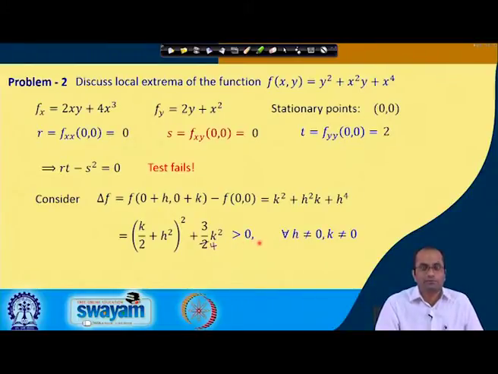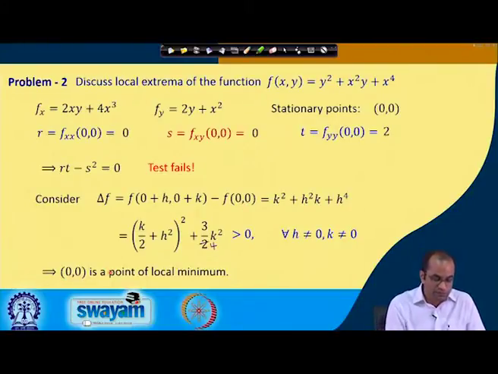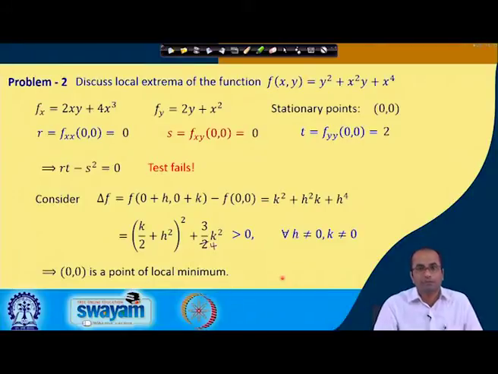That means the function is taking larger values in the neighborhood, and so this (0, 0) has to be a point of local minimum.